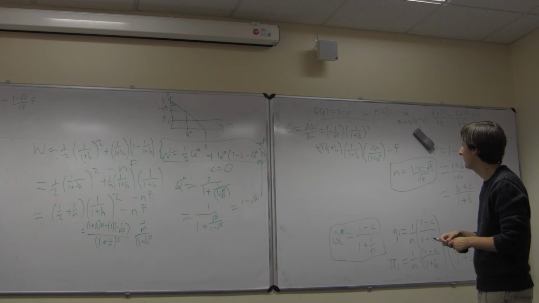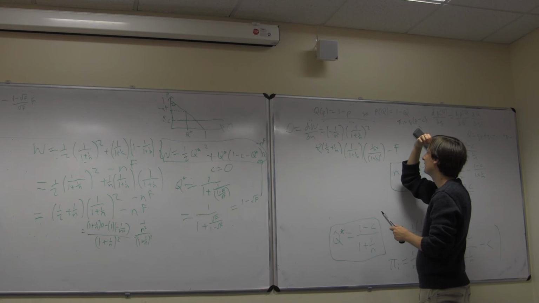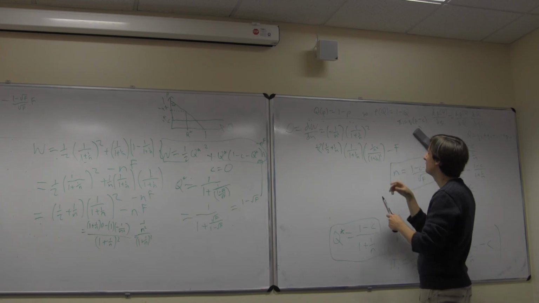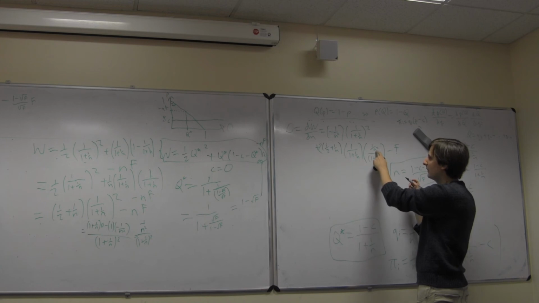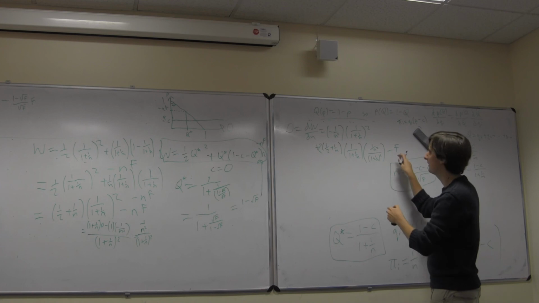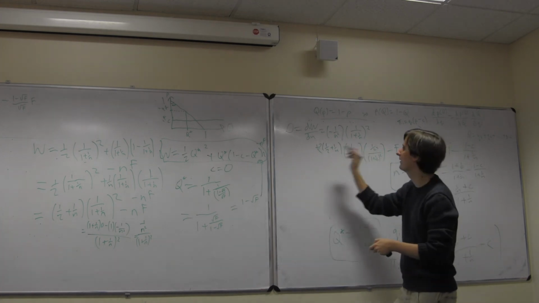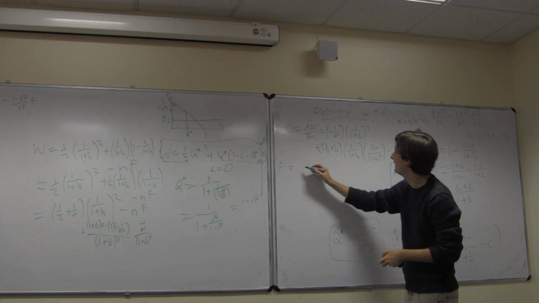Hopefully we can simplify this. So let's take a 1 over n squared out. Okay. And let's take f over to the other side, okay? So we've got f is equal to something.